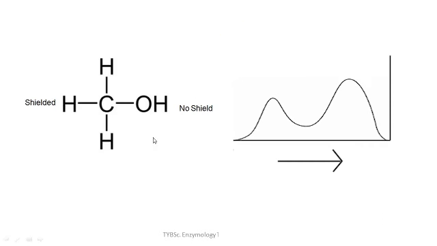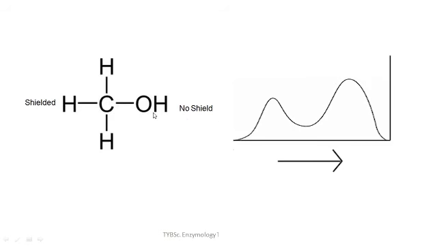We'll illustrate it here. In this structure, you'll see that this hydrogen atom is away from the electrons of carbon, whereas these three atoms are close to the carbon and so they are shielded with the electrons of the carbon. This being away from the electrons of the carbon, it has no shield.